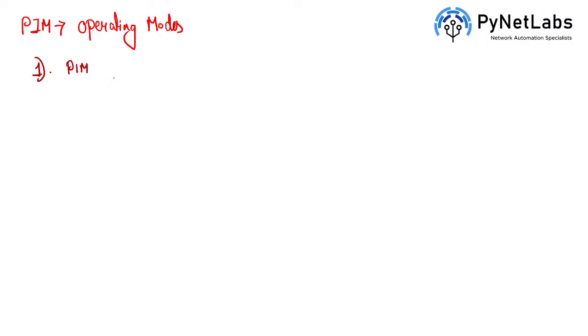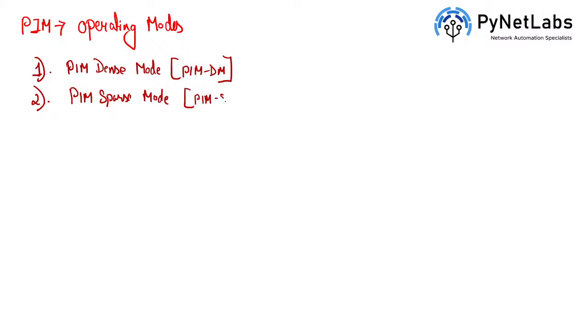which is basically used on layer 3 operations only, PIM dense mode, known as PIM-DM. Then we have PIM sparse mode, which is considered as PIM SM.